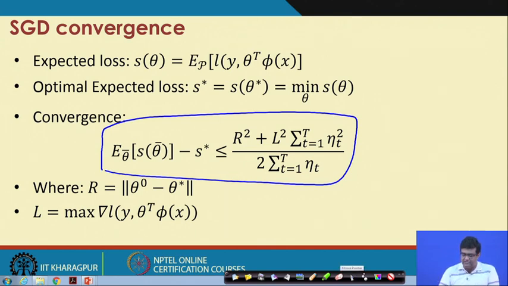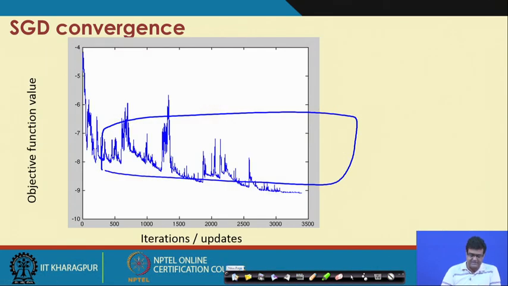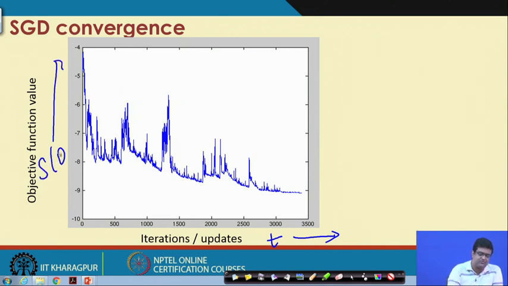I will just give you a glimpse of how the convergence of SGD looks. Here on the x axis we are plotting the iterations or updates, the count of the iteration, so as your algorithm is running, we are plotting the index t. This is the t axis and this is your S of theta_t.